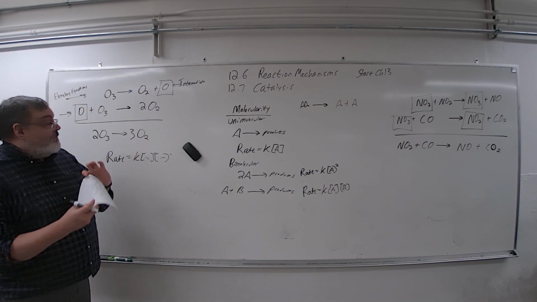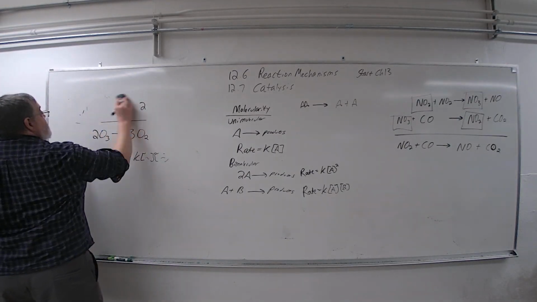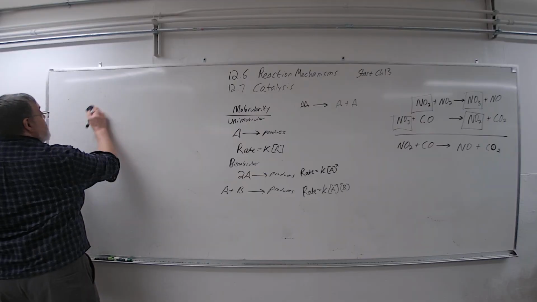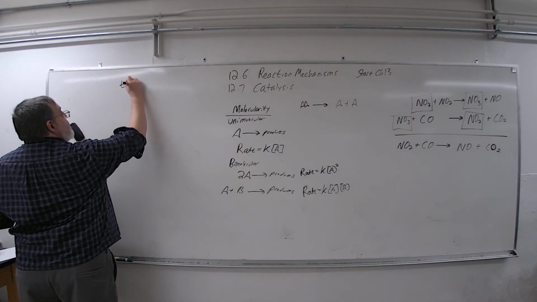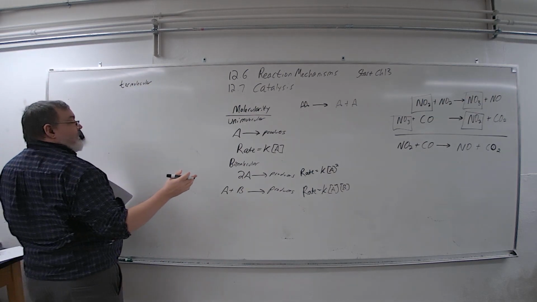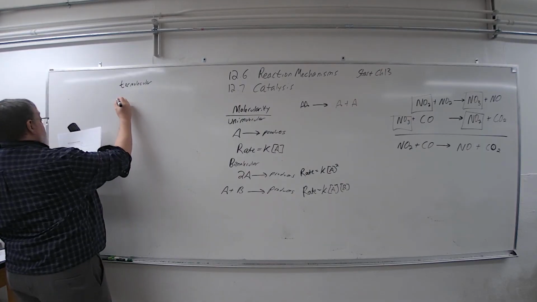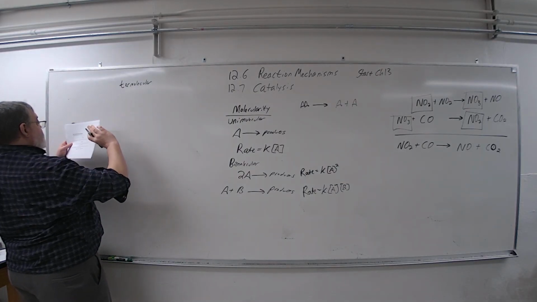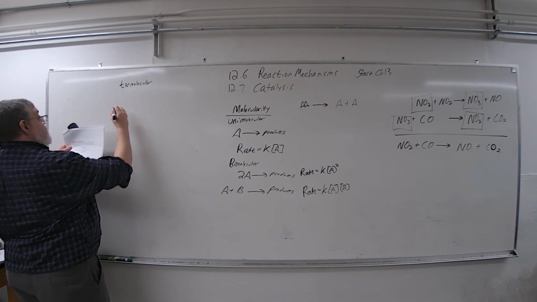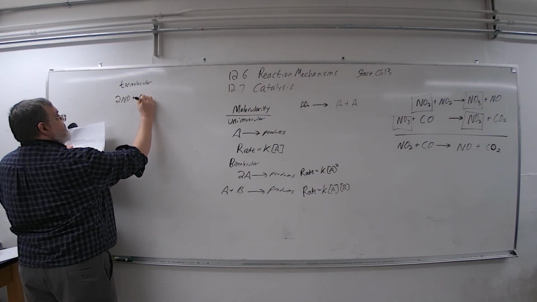They do also have one called termolecular. You might guess that's three things. So the molecularity here is 1, molecularity here is 2. There is such a thing as termolecular. So an example is, there's not many of these.